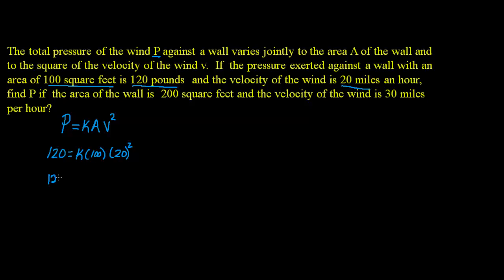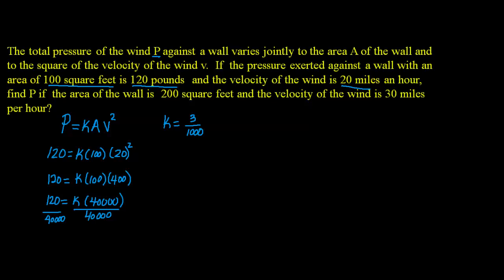So here you'll have 120 is equal to K times 100 times 400. And that would be 120 equals K times 40,000. And we can divide both sides by 40,000. And you'll get that K is equal to 3 over 1,000.